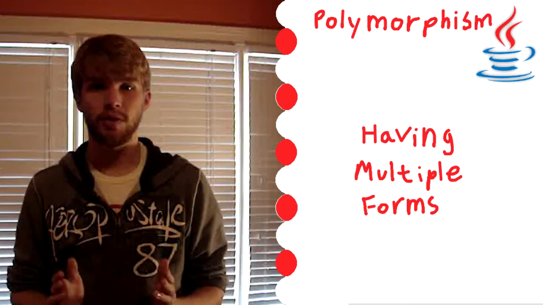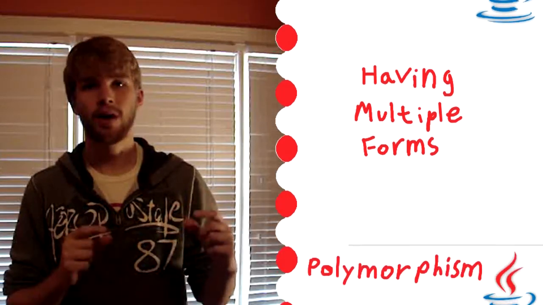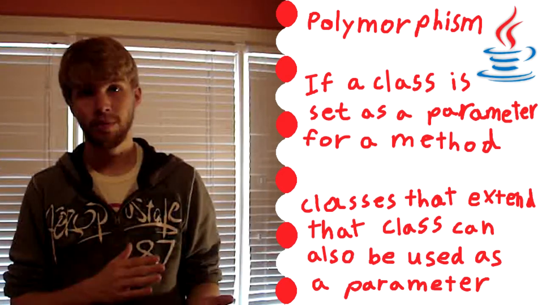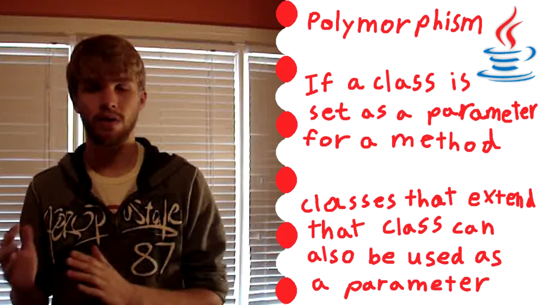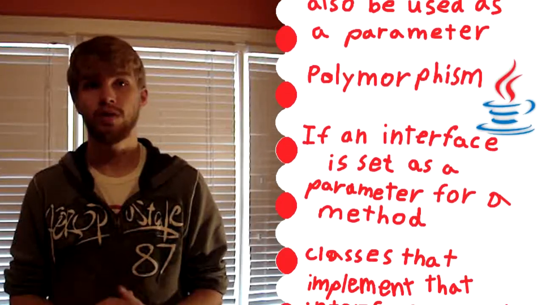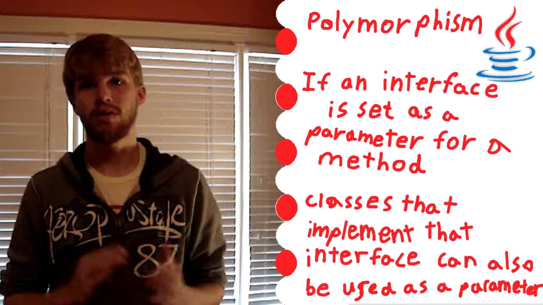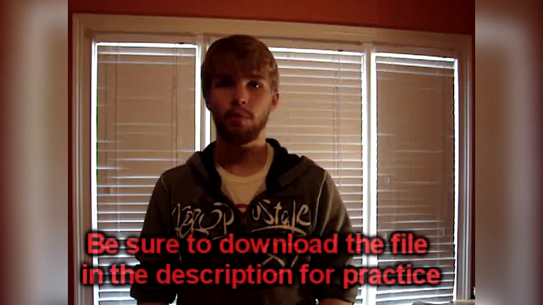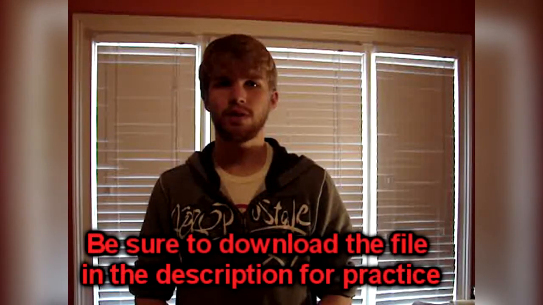The idea of polymorphism is it doesn't have to be the reptile class per se for it to work. If it extends the reptile class, or if you have a reptile interface and it implements the reptile interface, it'll work as well. So if you have a snake, you can pass the snake in as the reptile in the parameter and it'll work. That's what polymorphism means. It really is pretty straightforward if you think about it.